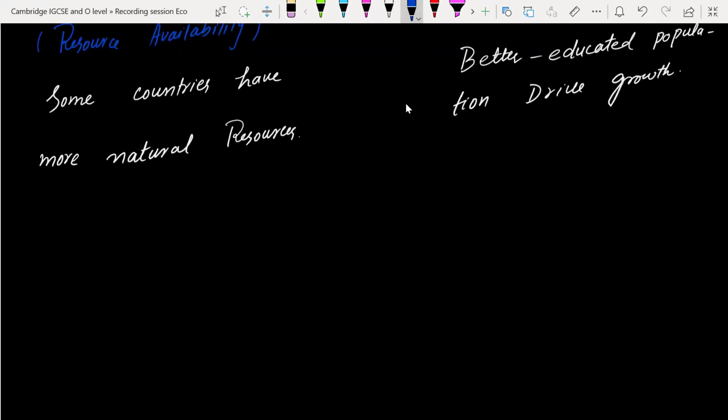Next will be political stability. Instability hinders investment.